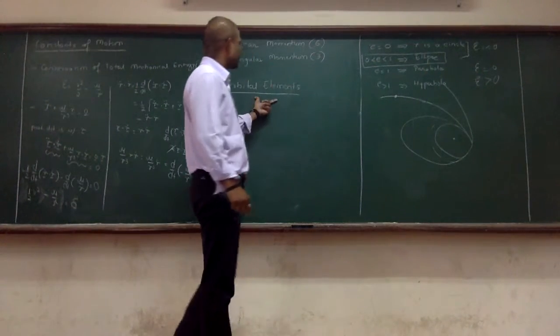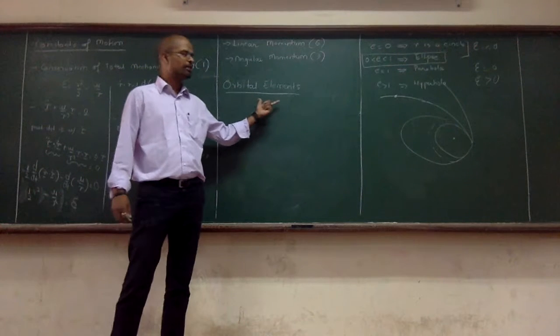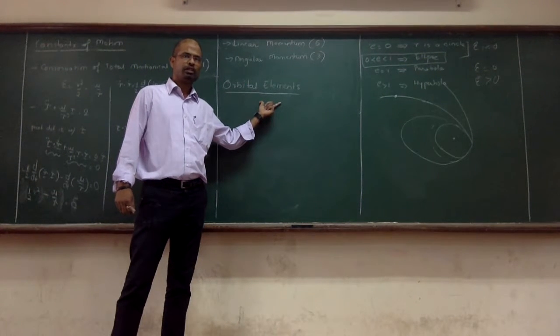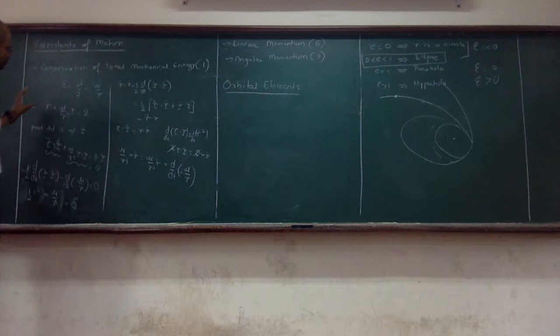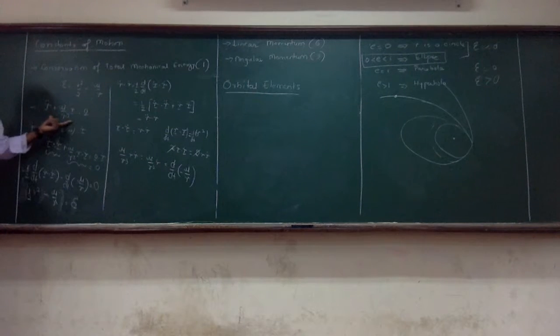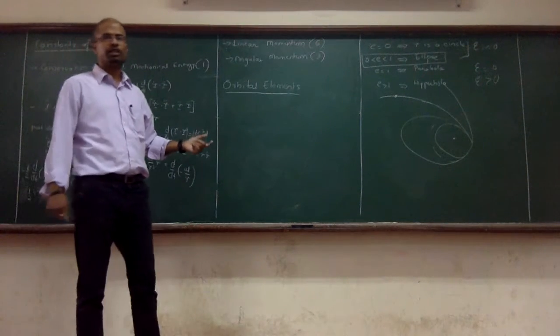So here, when you talk about orbital elements, they help you define an orbit uniquely. How many constants are required to define an orbit, to solve for R? R is essentially the trajectory, right? You need 6 constants, that's what we said. So there are 6 orbital elements which uniquely define an orbit.